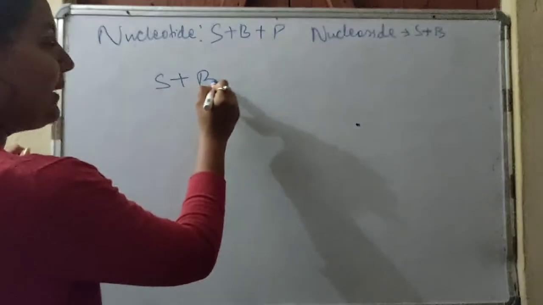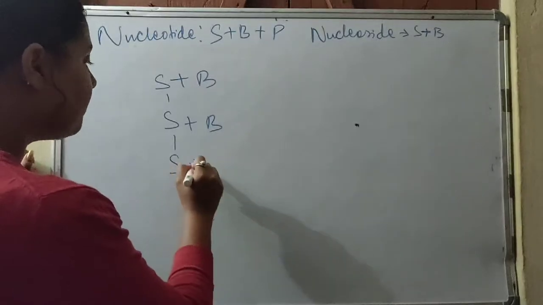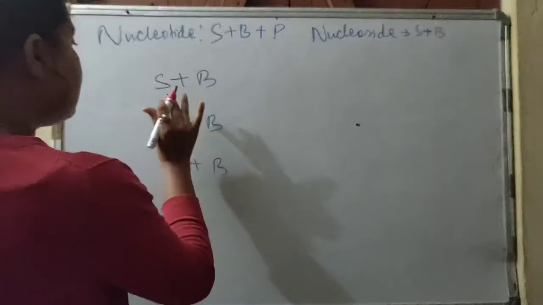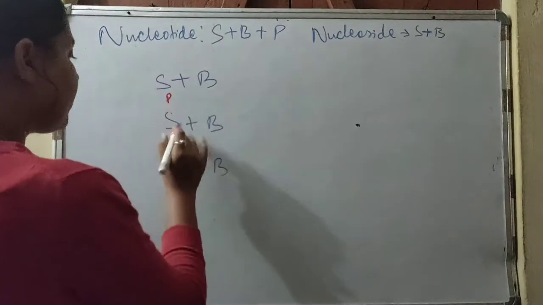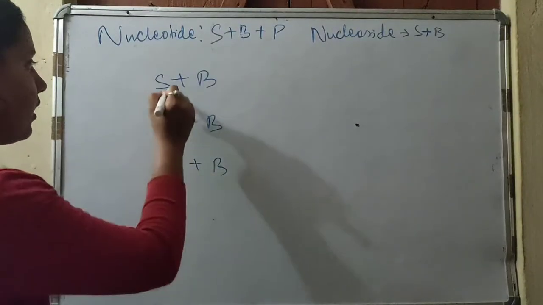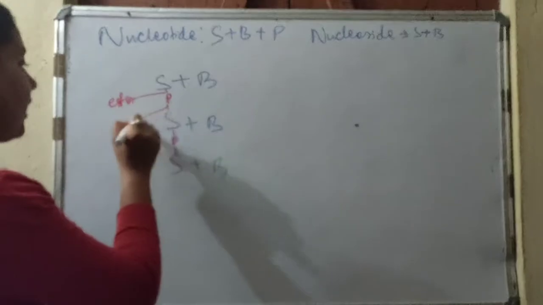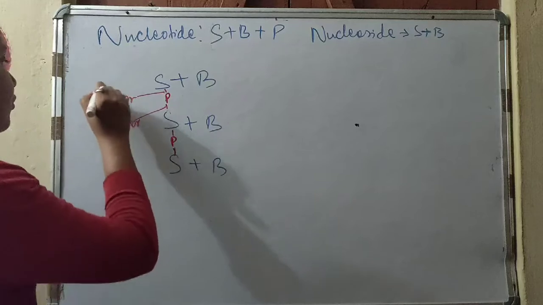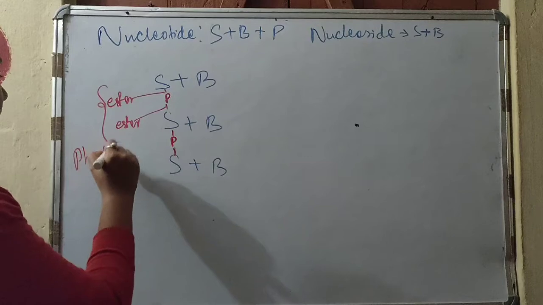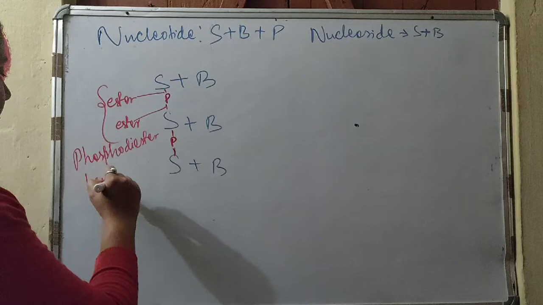Sugar plus base, sugar plus base, sugar plus base. Now, they will be bonded by phosphate. There will be phosphate in between them and they will be linked with one another, and this is an ester bond and this is an ester bond, and the two ester bonds make a phosphodiester bond.